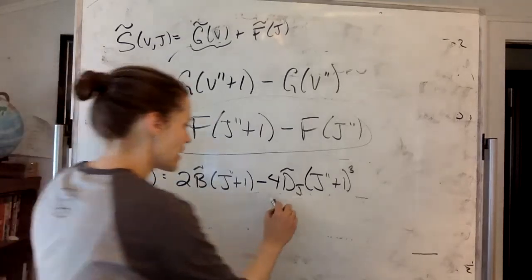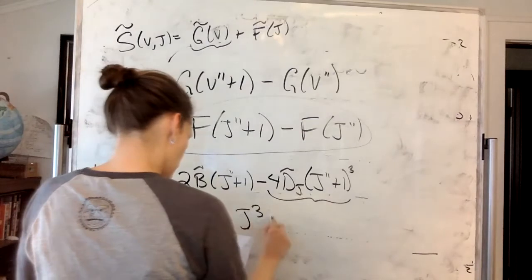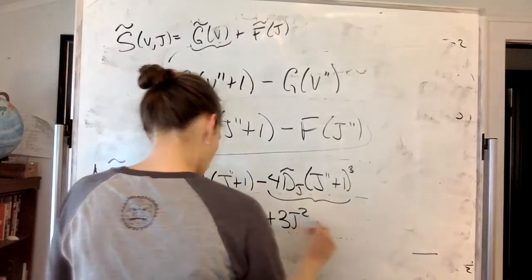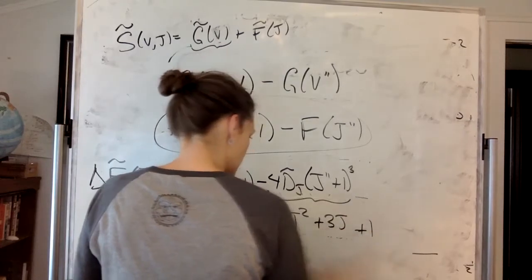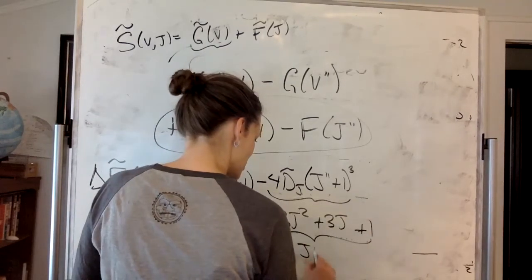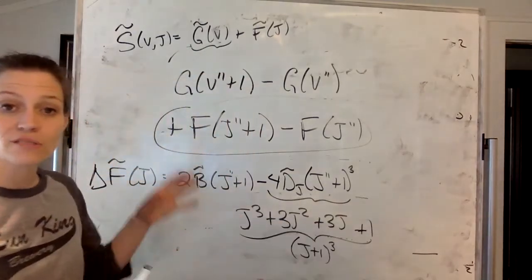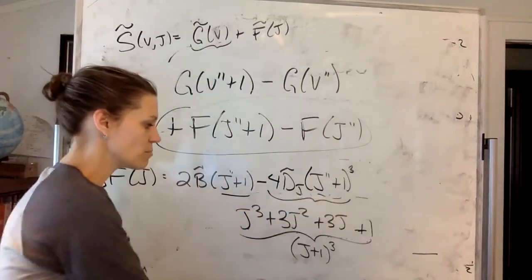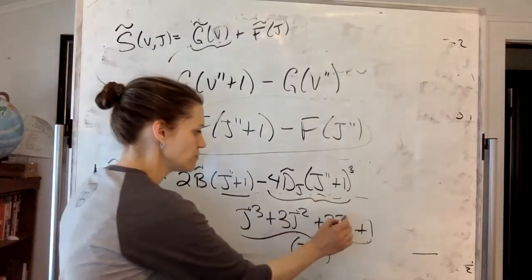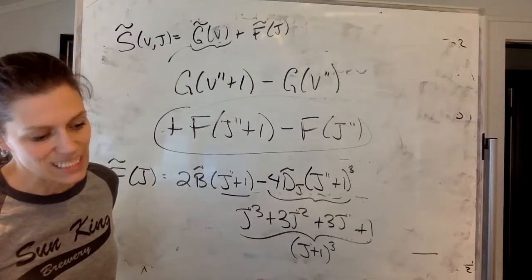Now, you most likely have this as J cubed plus 3J squared plus 3J plus 1. It's good to recognize that this is (J plus 1) cubed. So if you keep J plus 1, what will happen is the algebra will take you far. But if you can keep things in terms of J plus 1, it would simplify much easier.